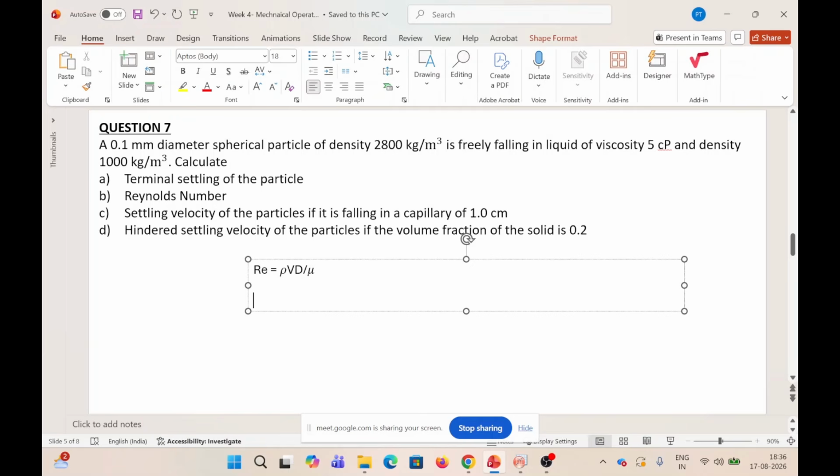So rho value is given 1000. V, just a second, 1 minute.